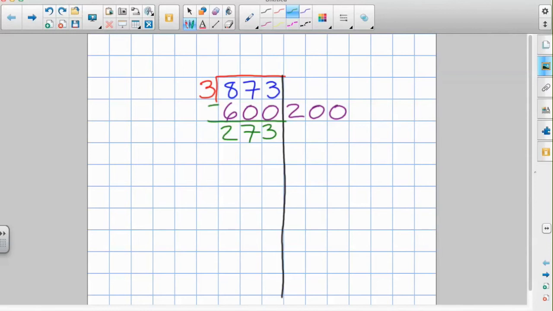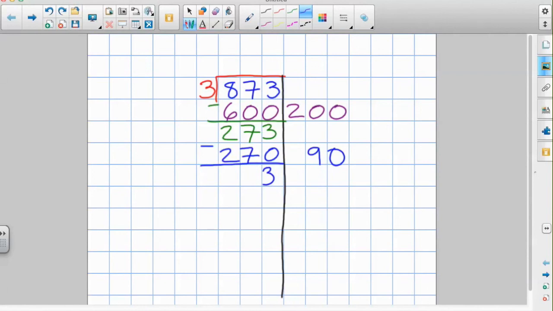Then I ask myself, what math fact times 3 gives me something close to 273? Well, I know that 9 times 3 is 27, so if I just add a 0 behind the 9, that's 90. So 90 times 3 is 270, and that's very close to 273. If I subtract it, I know that I'm only 3 away.